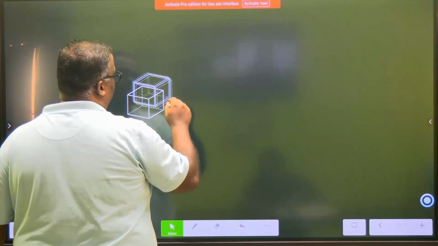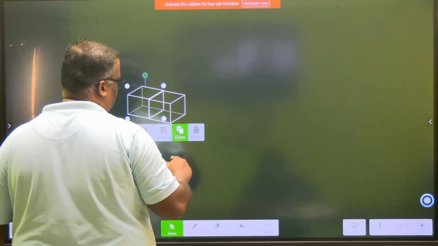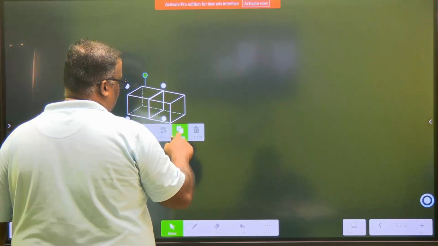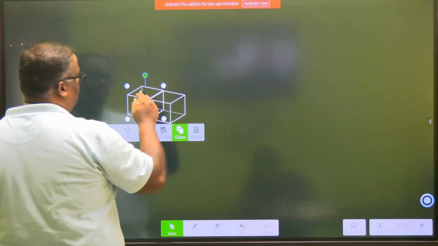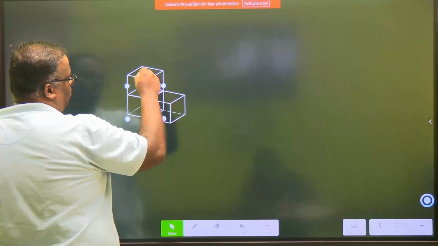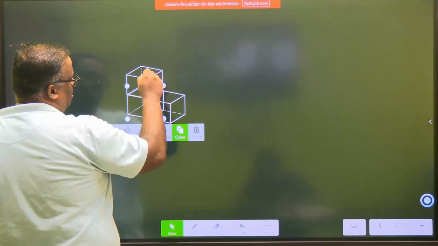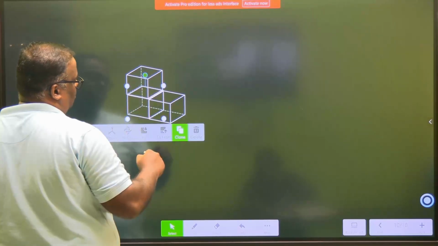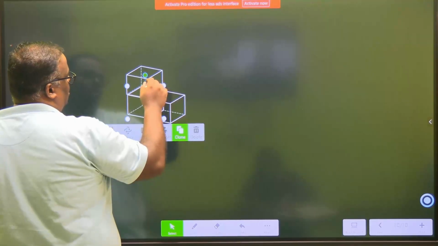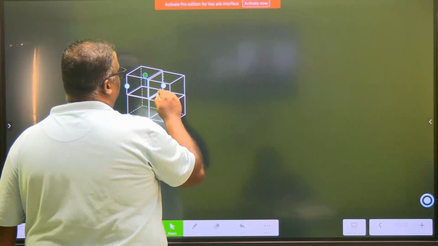Then 1 more here. Some gaps. Then 1 more here.